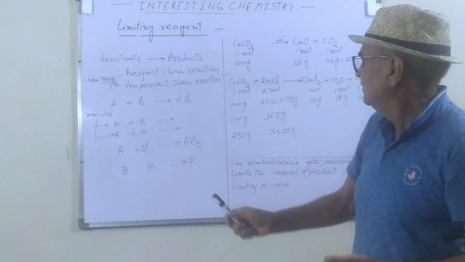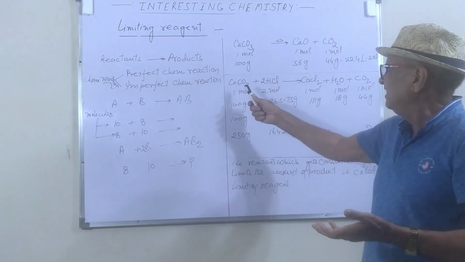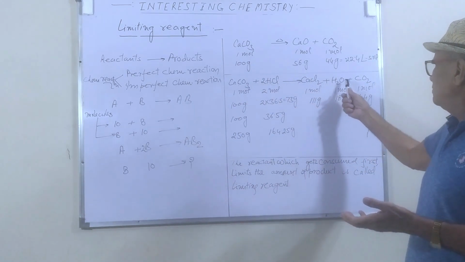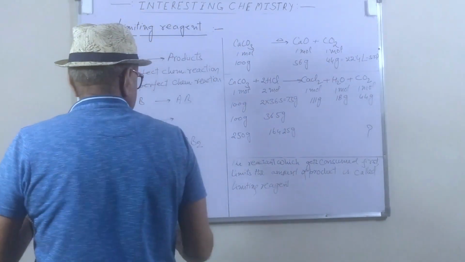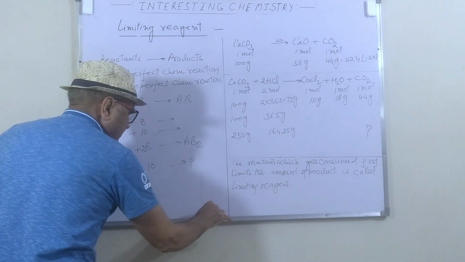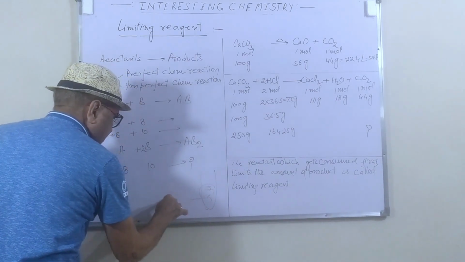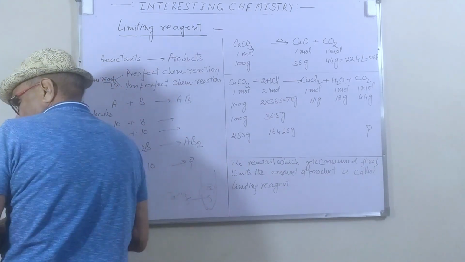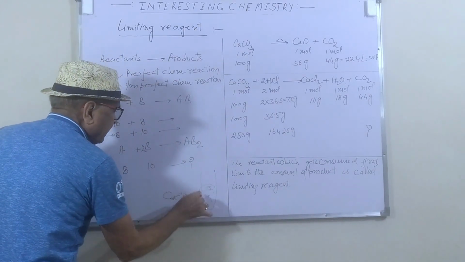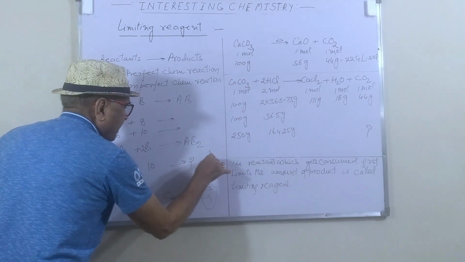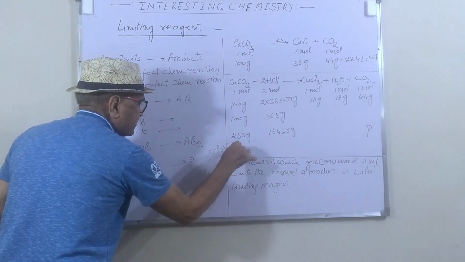As in the case when CaCO3 is treated with HCl, it gives CaCl2, H2O and CO2. For example, in your practical you have taken a test tube and you have taken this amount of calcium carbonate, and you added 5 drops of HCl.